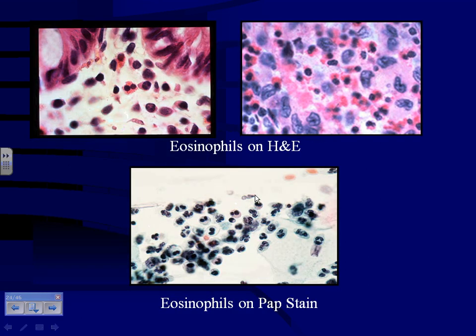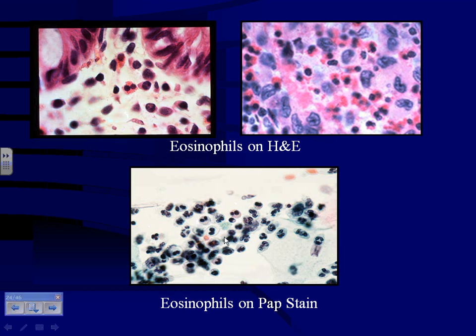All right, eosinophils are actually hard to make out on Pap stain, because you don't see the eosinophilic granules as well on Pap stain. The eosinophilic granules that make up eosinophils are best seen on your Giemsa preparations, like you got in your hematology labs, and on H&E preparations.